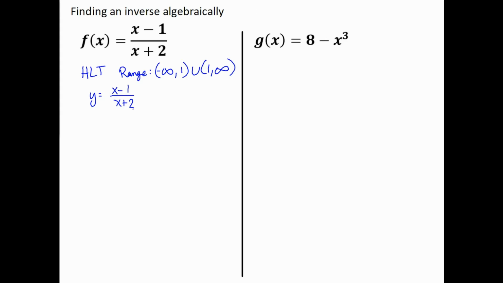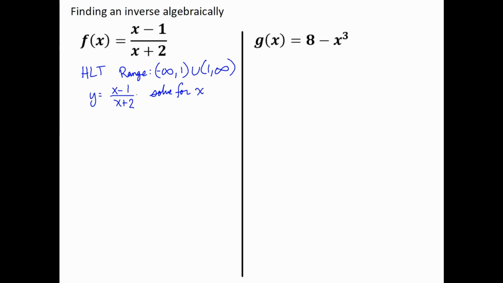So y equals x minus 1 over x plus 2. Our goal, again, is to solve for x. If you notice, though, I have 2 x values. So how do we get 1? Well, you're going to have to do a little bit of factoring here.